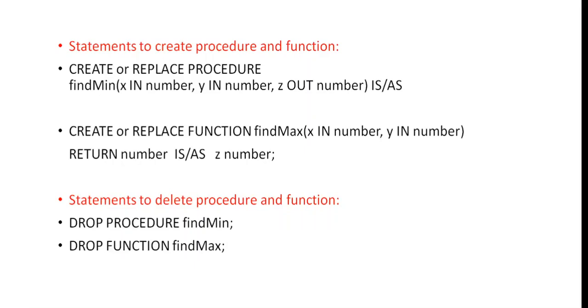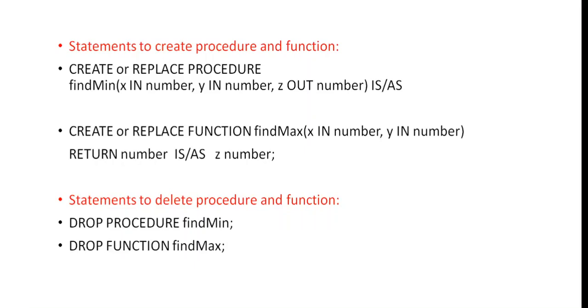So in today's session we have studied iterative control statements in PL/SQL: the loop statement, the for statement, the while statement, and the difference between for and while statements. Then we have studied sub-programs, that is, procedures and functions, how to create a procedure and how to create a function.